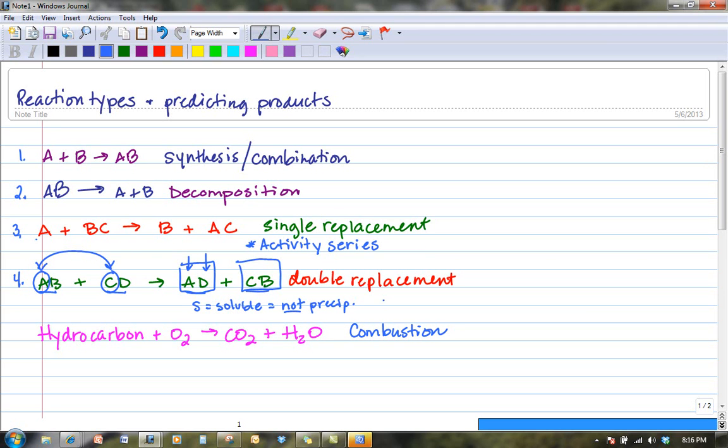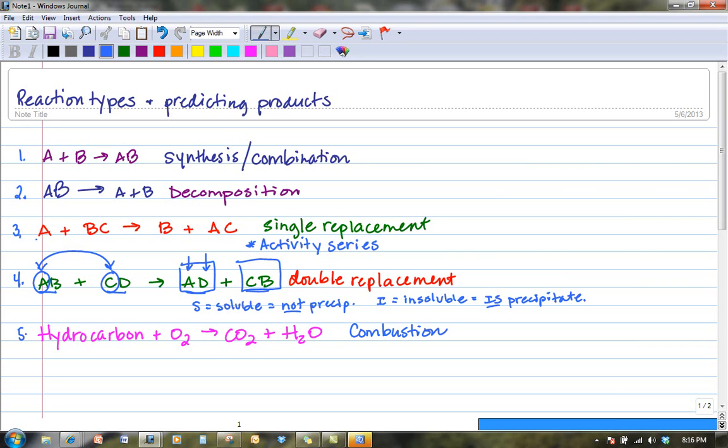But if where they meet is the letter I, that means that the compound is insoluble and it is a precipitate. So you want to look for the I's. The I's are the precipitate. The I's are the solids that come out of the solution.